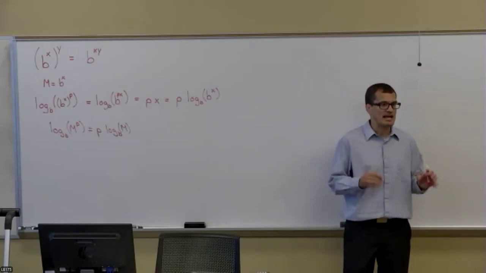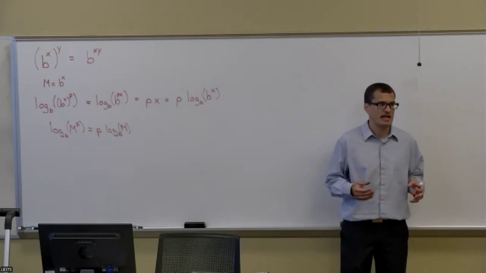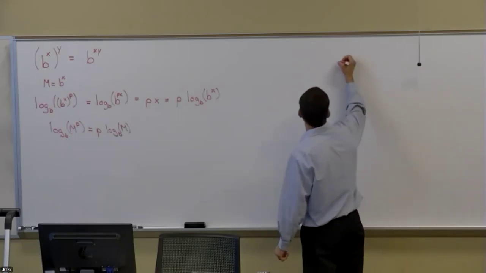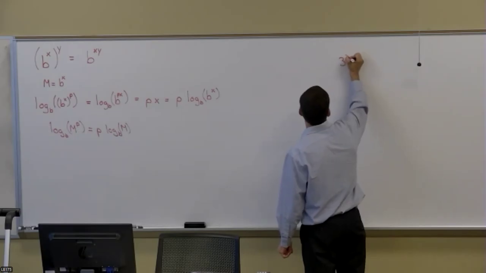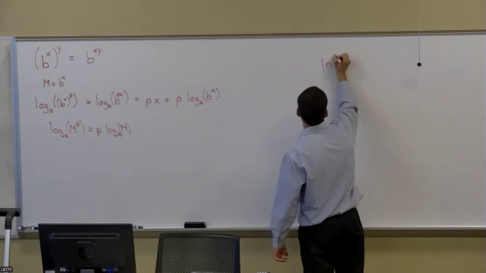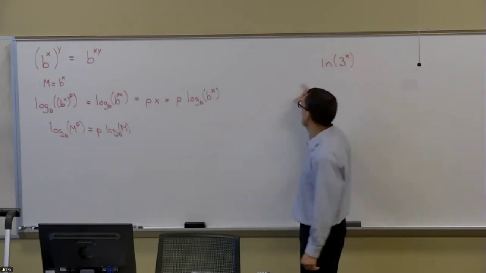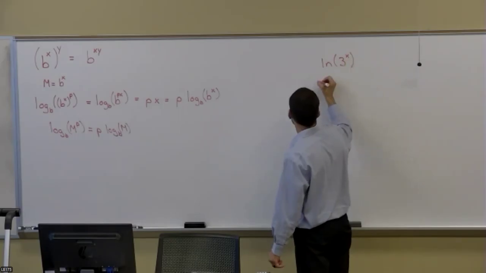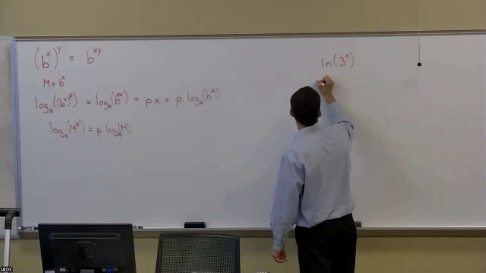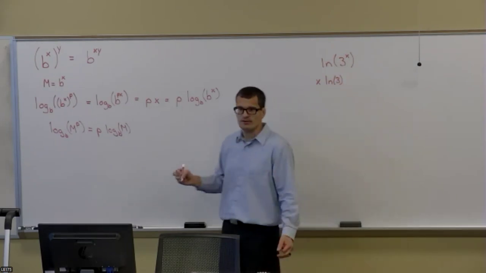If I have an exponent which has a variable in it, like 3 raised to the x power, if I apply, let's say, natural log to that, this tool allows me to take this exponent out front and create x times natural log of 3. And that's just a real number.